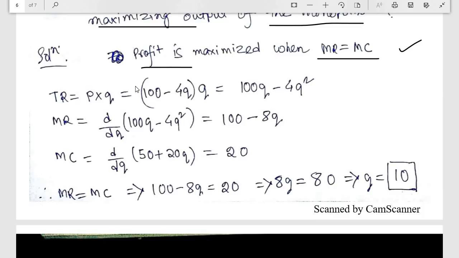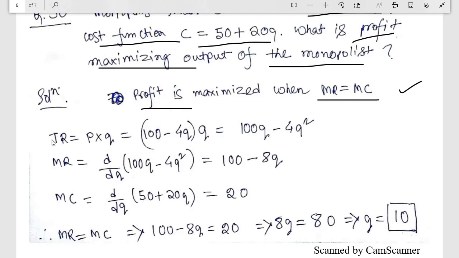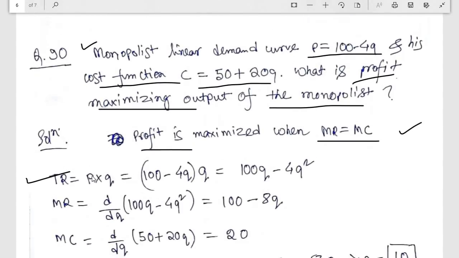First, to find MR, we have to find TR, that is total revenue. Total revenue is P into Q. P is basically AR, average revenue. So we will multiply P, that is 100 minus 4Q, into Q. It will become 100Q minus 4Q square.